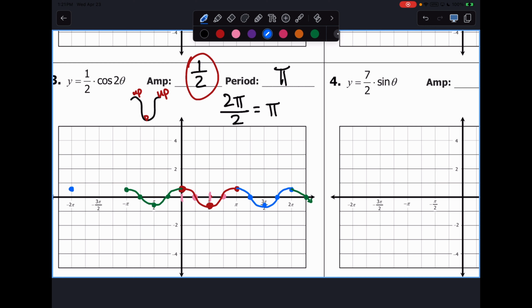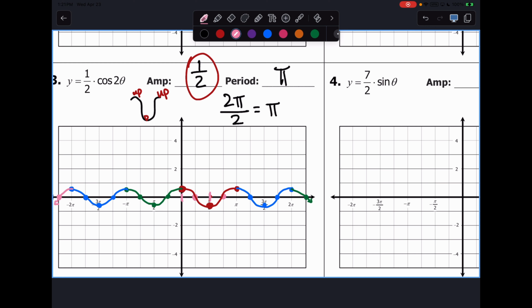2 pi, negative 2 pi is going to be my amplitude's height. And then the valley will be at negative 3 pi halves. X-intercepts in between. And go. Okay. And last one's gonna end down like this.